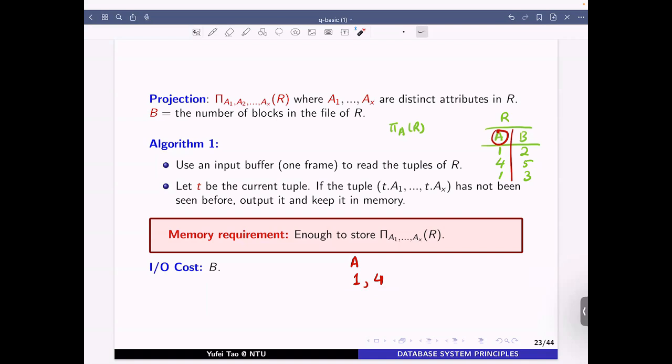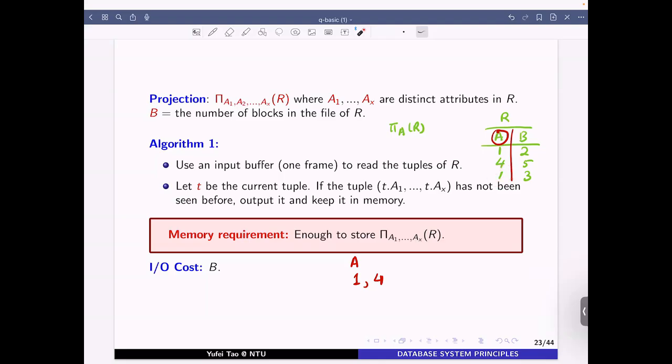So this is fairly fast, especially compared to IOs. We should not display this 1 again, because we're talking about set semantics here. In this projection, you are not supposed to display the same value twice. So therefore, we will skip this value.